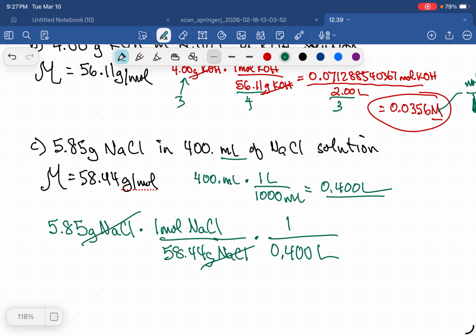You multiply on top, you divide on the bottom. So 5.85 divided by 58.44. That's pretty close to a tenth. And we're going to divide that by 0.4. And I'm getting 0.25 moles per liter.